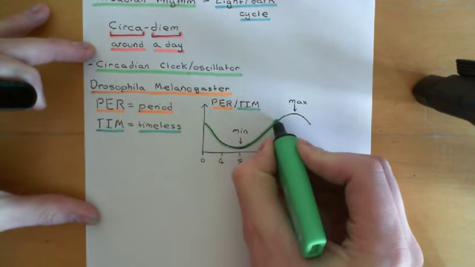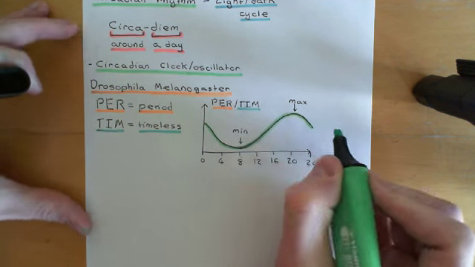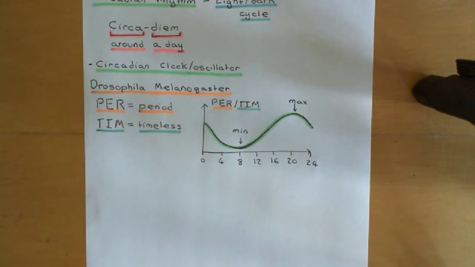So that is the circadian oscillator inside Drosophila melanogaster, or at least one of the crucial parts of it, which is that these period and timeless proteins are going up and down on a 24-hour rhythm inside all of the cells of Drosophila melanogaster, this species of fly.